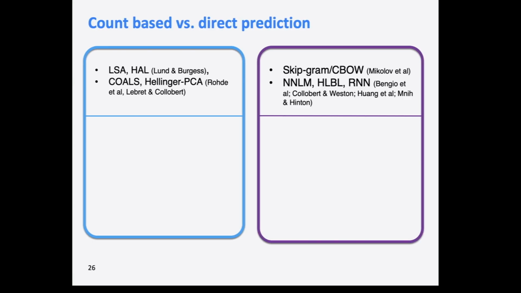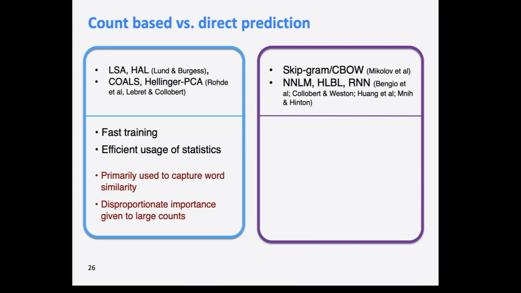It had some advantages: you're making efficient use of statistics because you're using the global statistics of the whole matrix directly to estimate things. Up until then, it had only been used to capture word similarity, and a lot of it had suffered from disproportionate importance given to large counts. But Doug Rohde had started to show how to solve both of these problems.